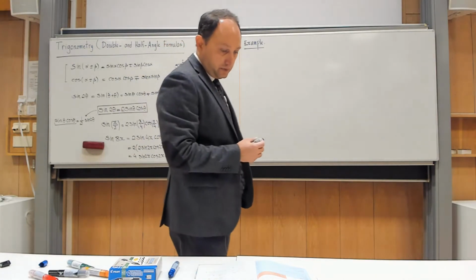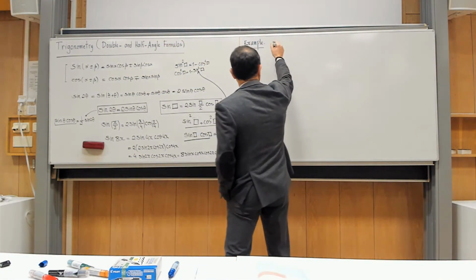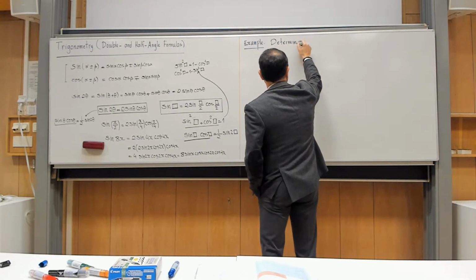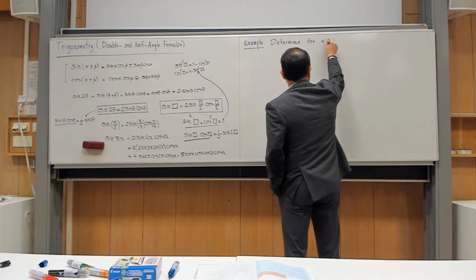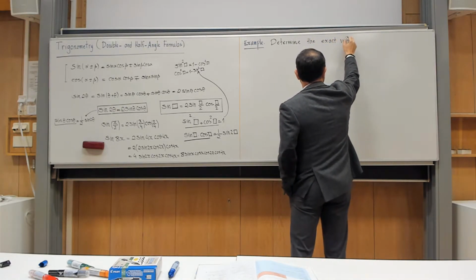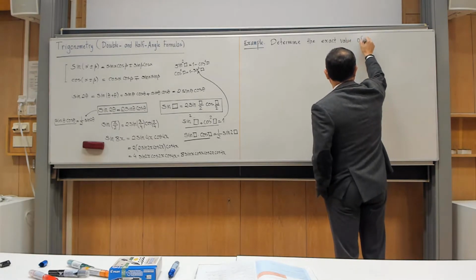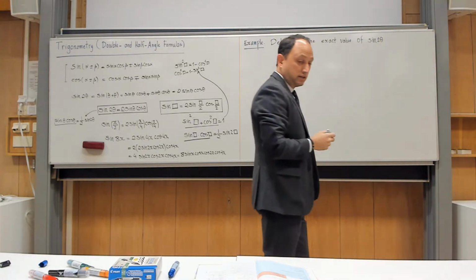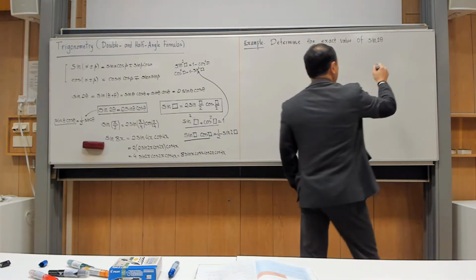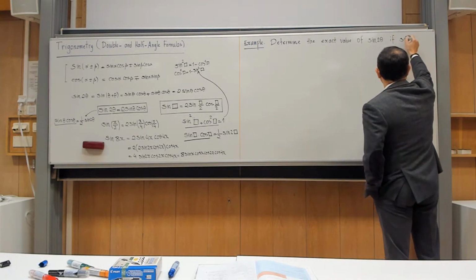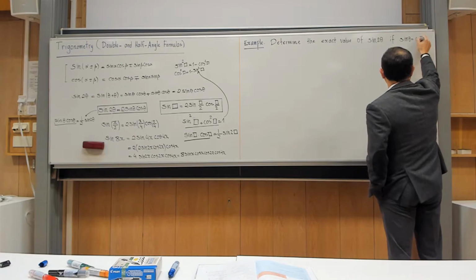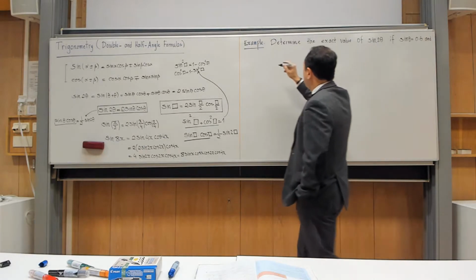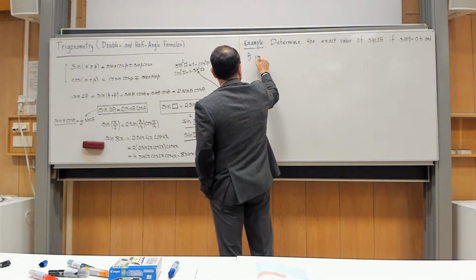So determine the exact value of sine 2 theta, if sine theta is 0.6 and theta is an acute angle.